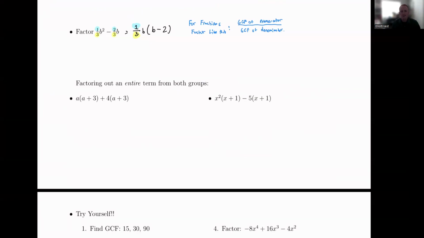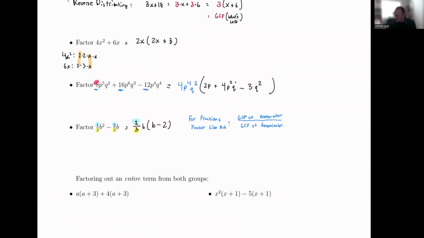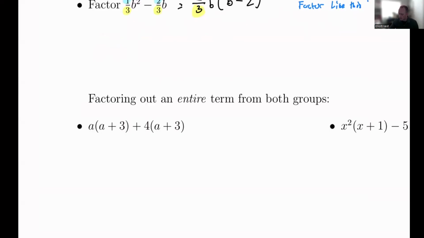Sometimes it might seem a little weird to do this, but remember, when we're on multiplication, these things I'm considering as one term, kind of like how we have a mixture of numbers and variables. This is all one term I can factor something out of. So even though I have a parentheses here, this is a shared factor among both of these terms here.